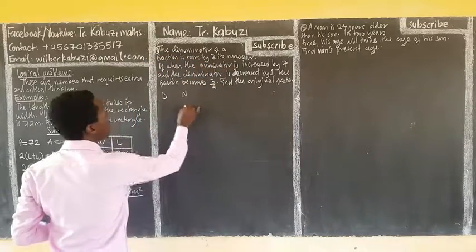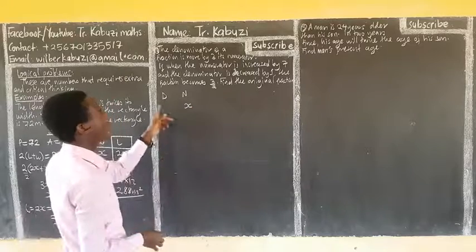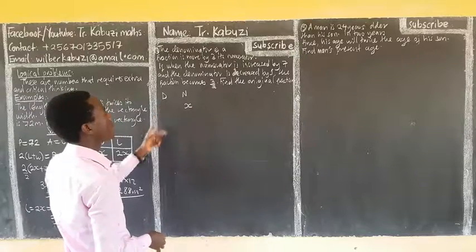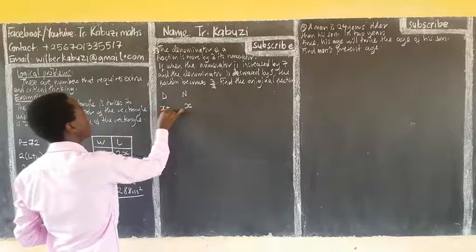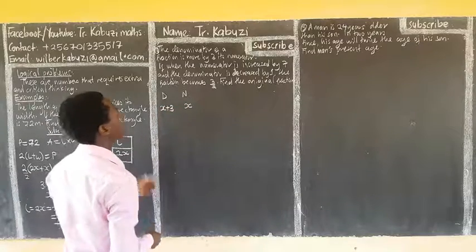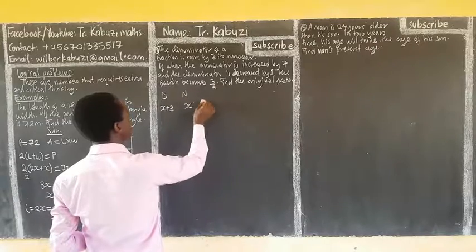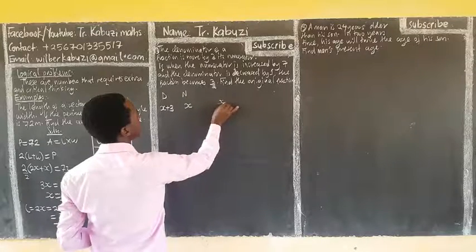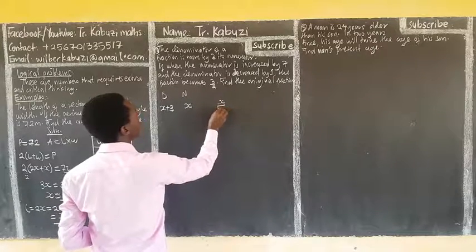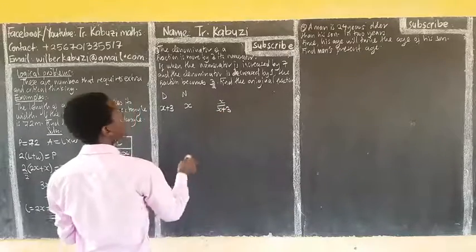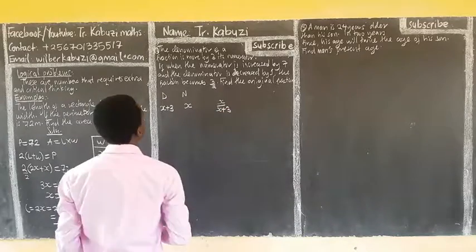So, they're telling us that the denominator of a fraction is more by 3 than its numerator. So, if you know the numerator, now you can get the denominator because this is more by 3, meaning this is going to be x plus 3. So our fraction is x over x plus 3. This is the original fraction.